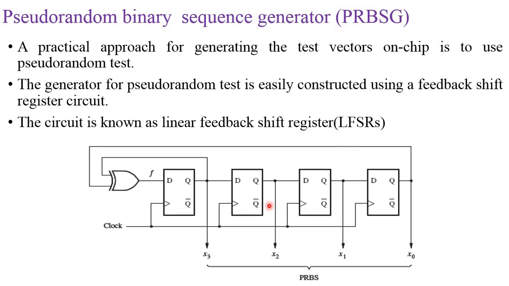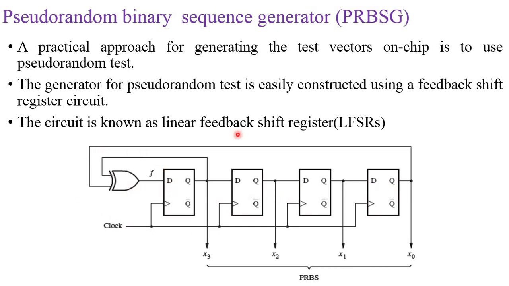So see the structure. Here the 4 flip-flops make the shift register. One XOR gate is used here to feed back the output of X0 and X3. So it is fed to the 4th flip-flop. This is 0, 1, 2, 3, the third flip-flop.